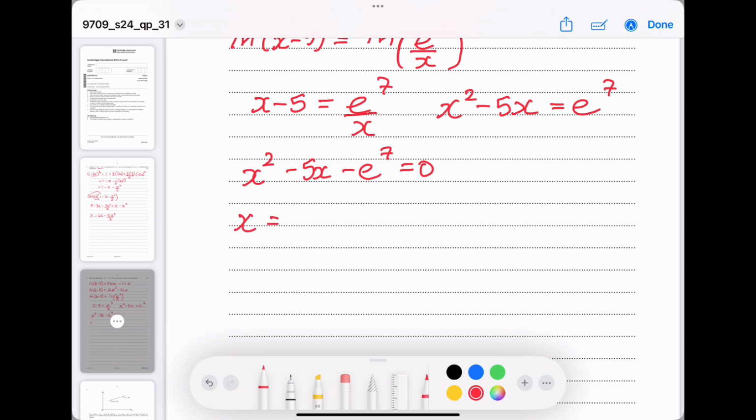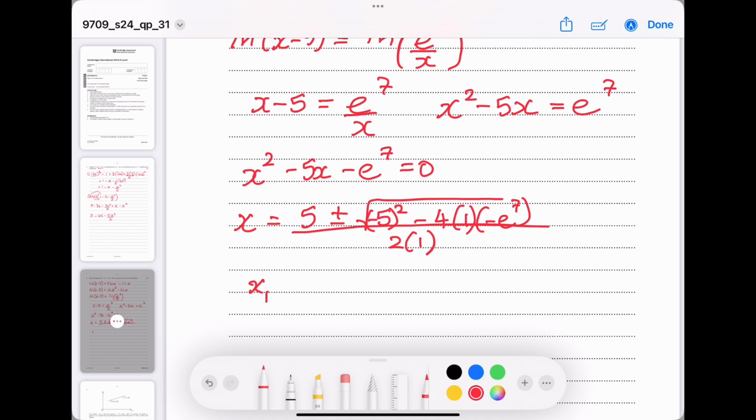So I've got x equals positive 5 plus or minus the square root of 5 squared. I guess that should be negative 5 squared minus 4 times 1 times negative e to the 7 over 2 times 1. Obviously you can put this in your calculator.